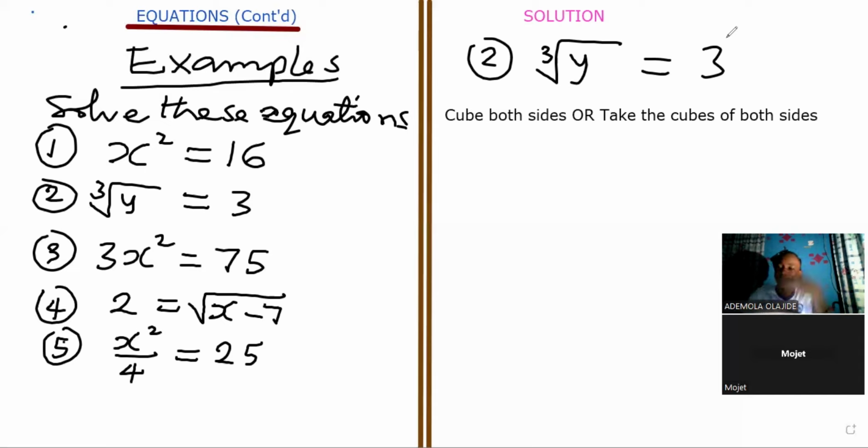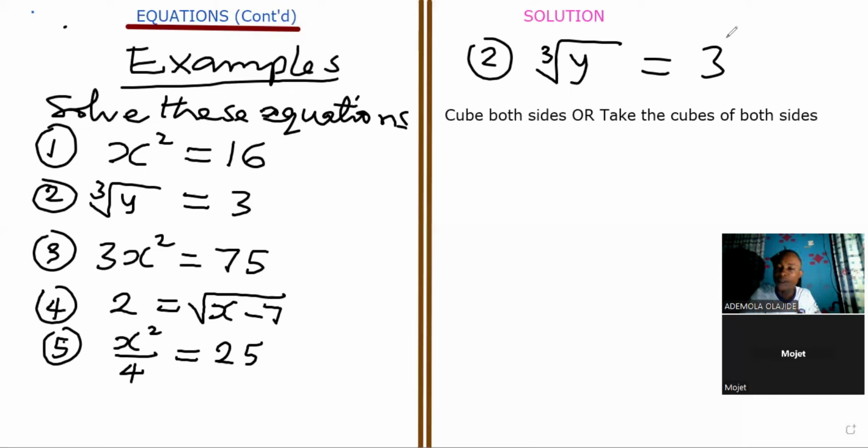They change to each other. If it is cube that you remove to the other side, it becomes cube root. If you remove cube root to the other side, it becomes cube. Do you get that?